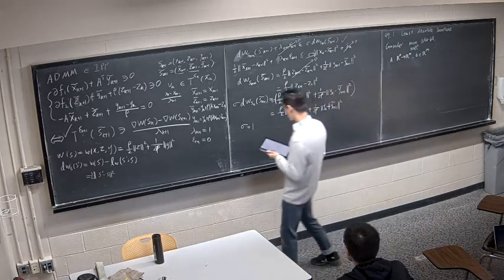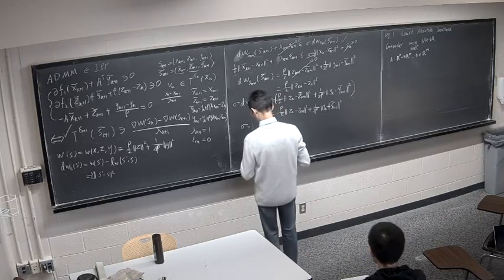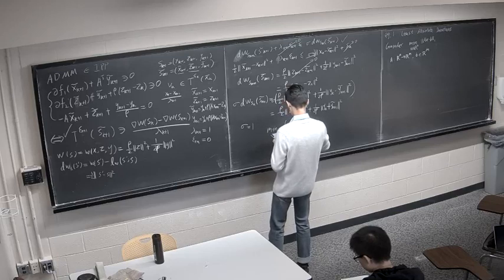Recall that in ADMM, the problem we want to solve is, for example, the one we mentioned last time, f1 of x plus f2 of z.